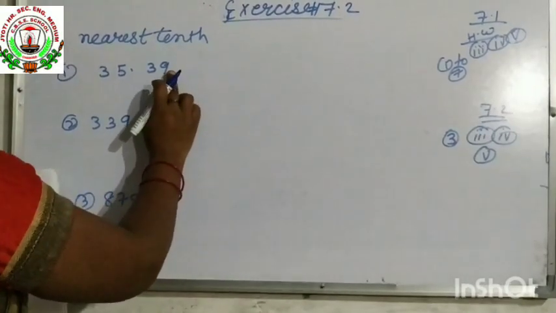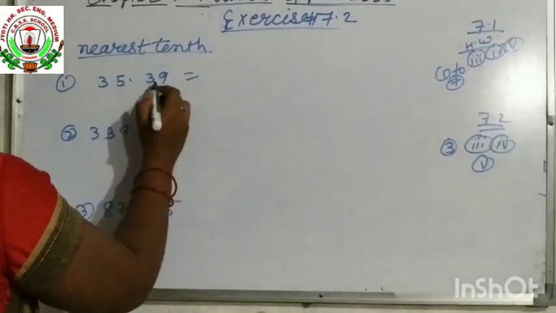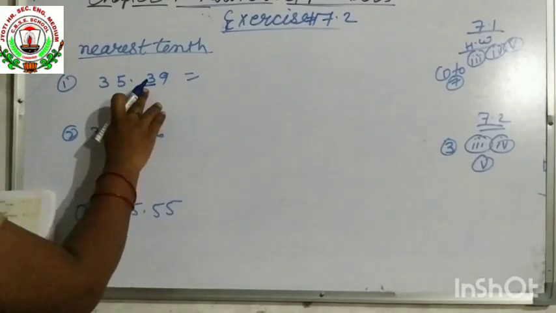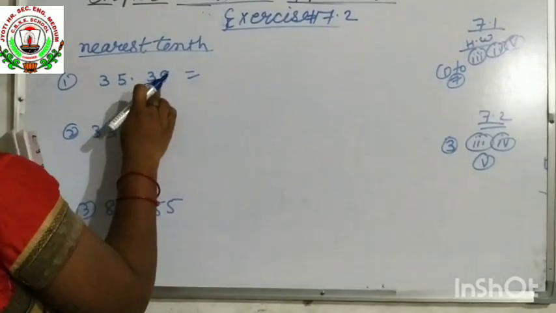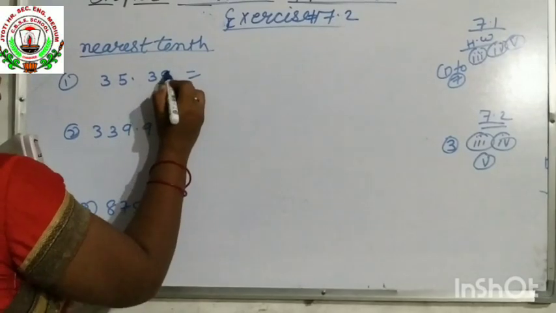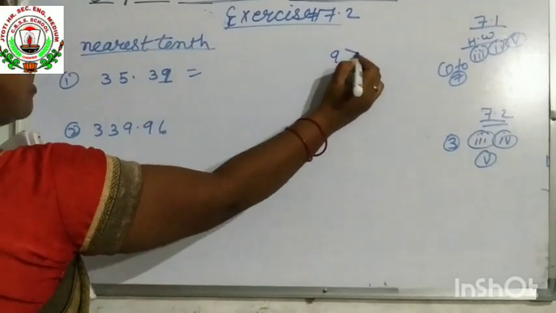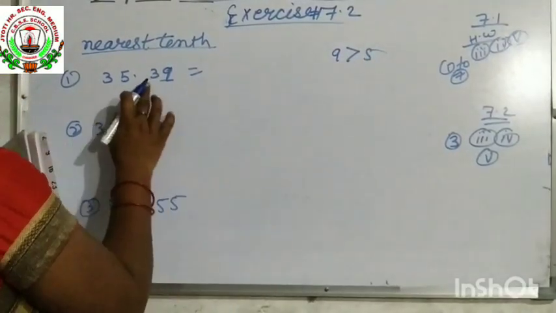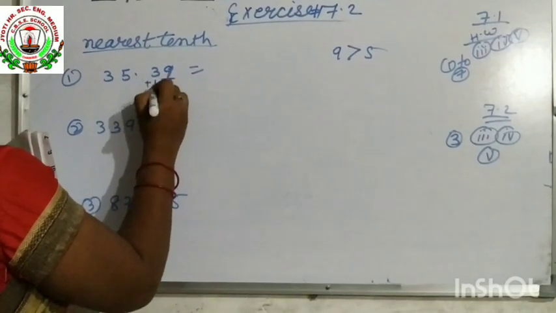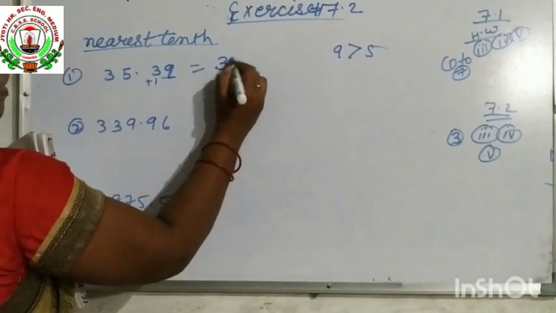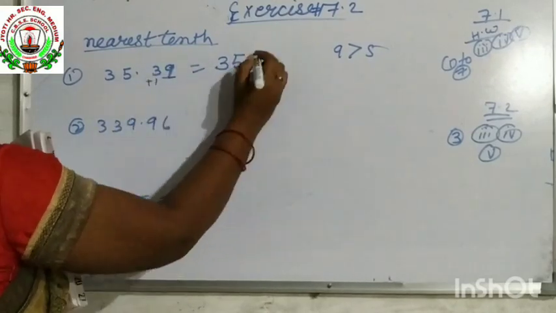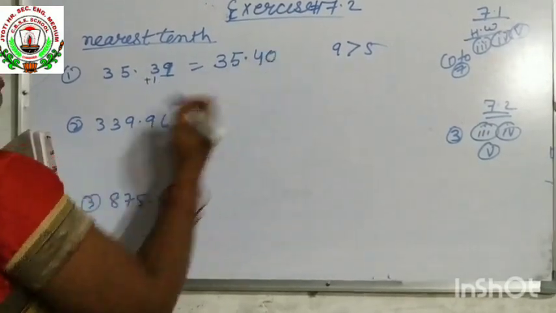Look here. This is number 4 now. Nearest tenth. So it is the tenth place. This number we have to round up. So we will see this 100th place number. It is 9. Now 9 is greater than 5. So what will you do? You will add 1. When you add 1, we will get 35.3 plus 1 is 4 and this number will be 0.